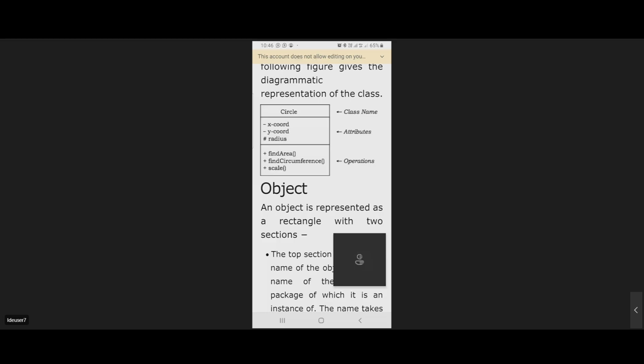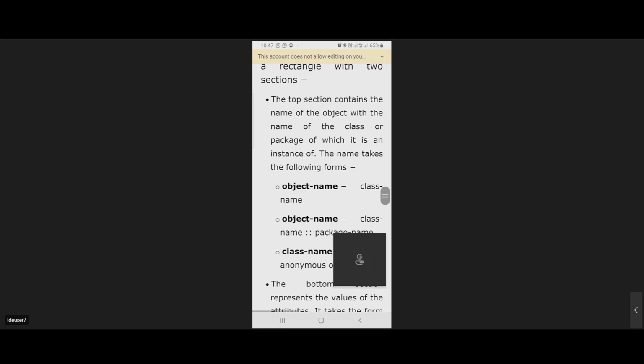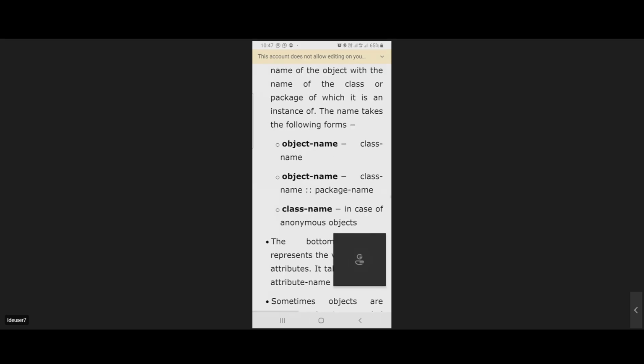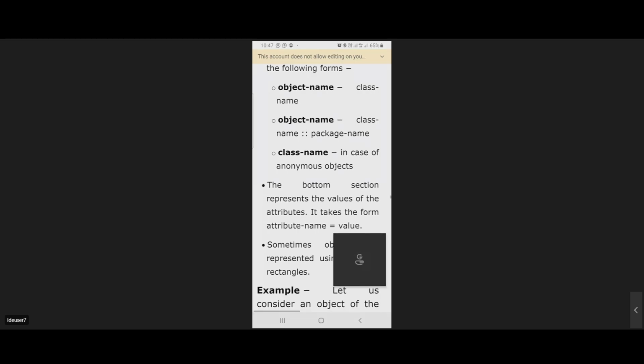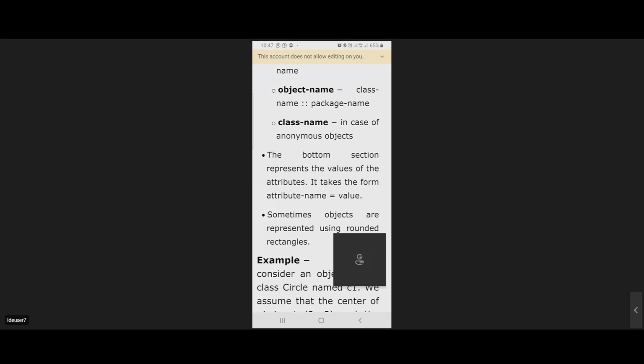The next is object. So what is an object, and how is it represented? An object is represented as a rectangle with two sections. The top section contains the name of the object with the name of the class or package of which it is an instance. The name takes the following forms: object name, class name, or object name with class name, or class name with scope resolution, package name, class name in the case of anonymous objects.